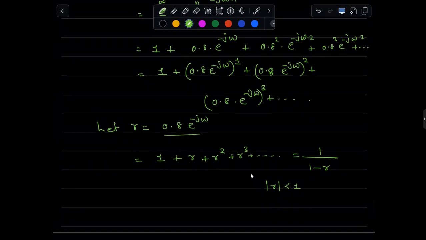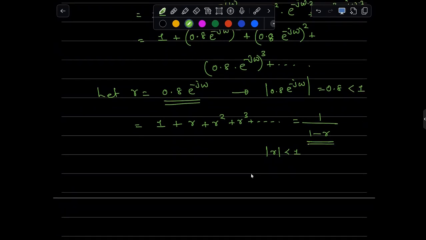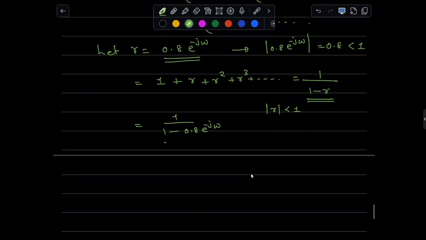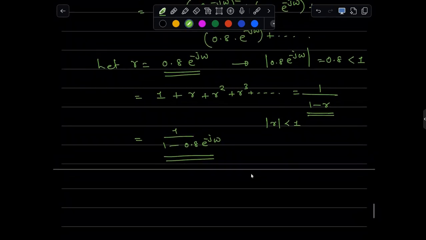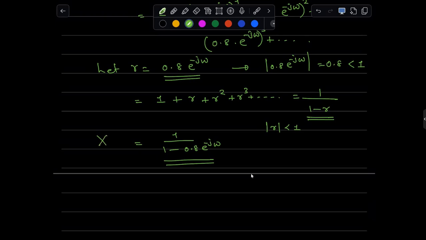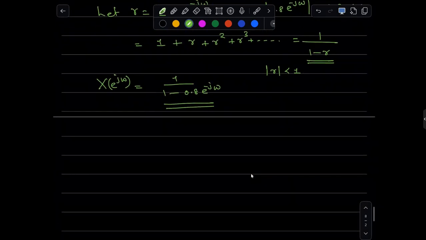In this case the magnitude of 0.8 e power minus j omega is 0.8, which is less than 1, so we can use this summation. So the Fourier transform X of e power j omega is 1 over 1 minus 0.8 e power minus j omega. This is how to find it.